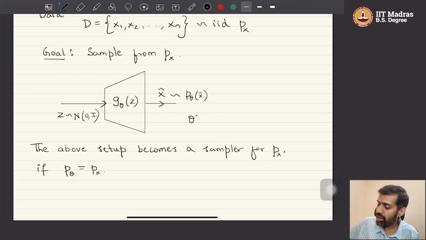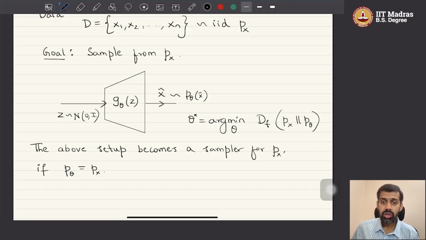We do that by solving this particular optimization problem where we fix the parameters of the neural network such that it minimizes the F divergence, or any distributional divergence metric, between Px and p theta. So we will choose F divergence here. Now note that the algorithm that we are going to look at is independent of the choice of f function that we make. So this algorithm works for any choice of f function, and is general in that sense.